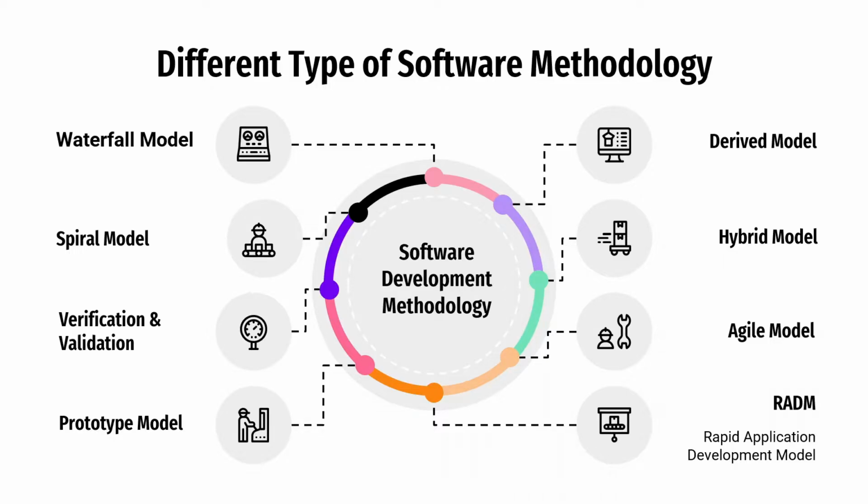Everybody in the industry should know what spiral, hybrid, and agile methodologies are. Even if you have not worked on them, you should know the difference. When you become a project owner, you should be able to analyze that this has this positive and this has this negative, so I should pick this one, right? If you're clear on these eight at the beginning of your career, then you're good to go.